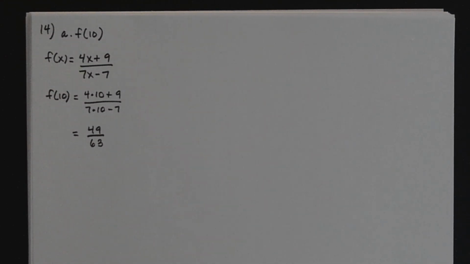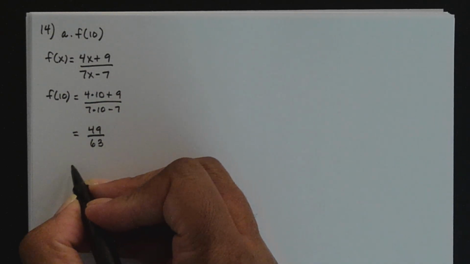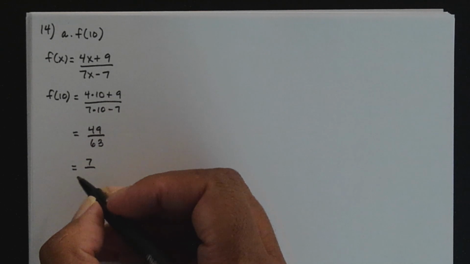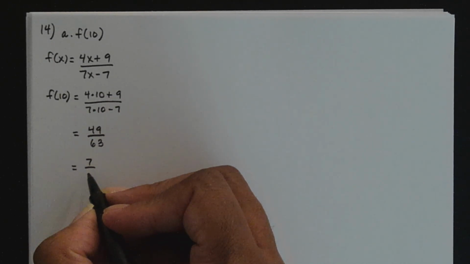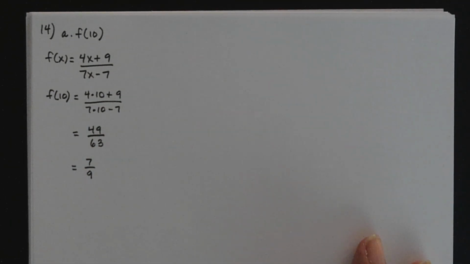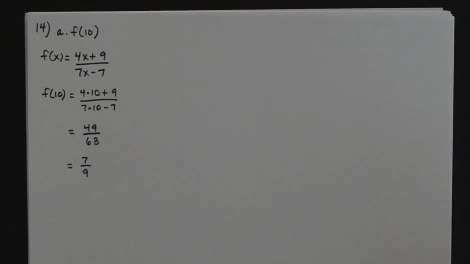Now I think we can reduce 49 over 63 by 7, so 7 over 9. Okay. So f of 10 would be 7 over 9. All right. Questions on part A.